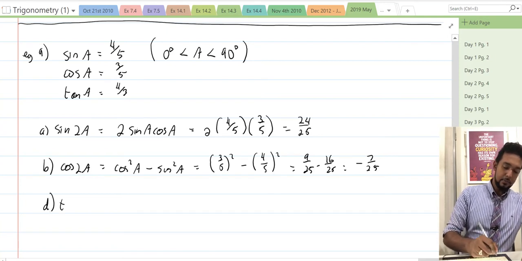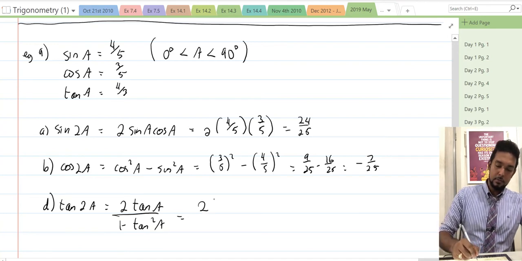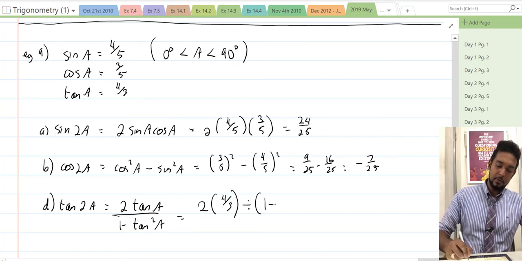Let me just jump ahead to D. Right, tan 2A. So this is 2 by tan A all over 1 minus tan squared A. Right, so let's do 2 multiplied by 4/3, divided by 1 minus tan squared, which is 4/3 squared.